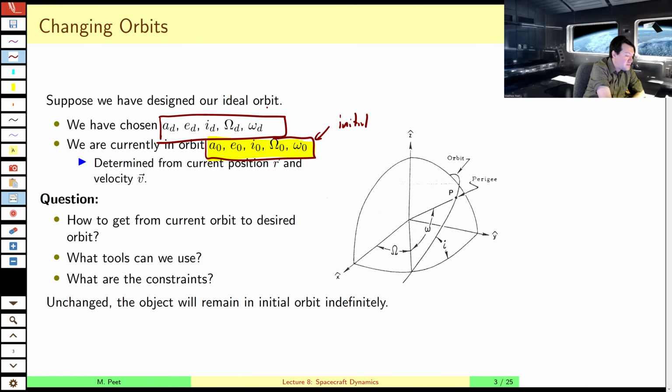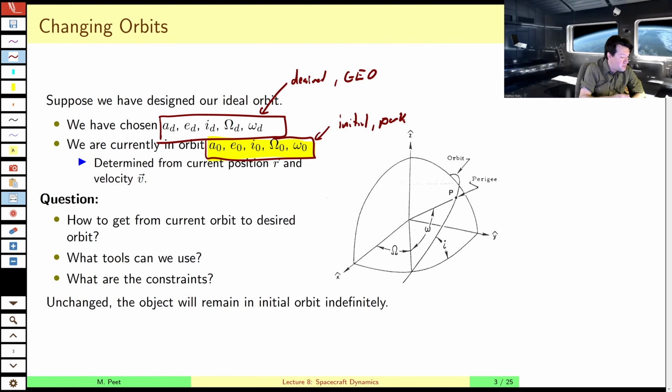And we have a set of desired orbital elements, which is, say, the geosynchronous orbit that we want. Let's just label them for clarity. And these orbits may or may not intersect. In this case, they don't. And we need to find a path to get from the one orbit to the other.